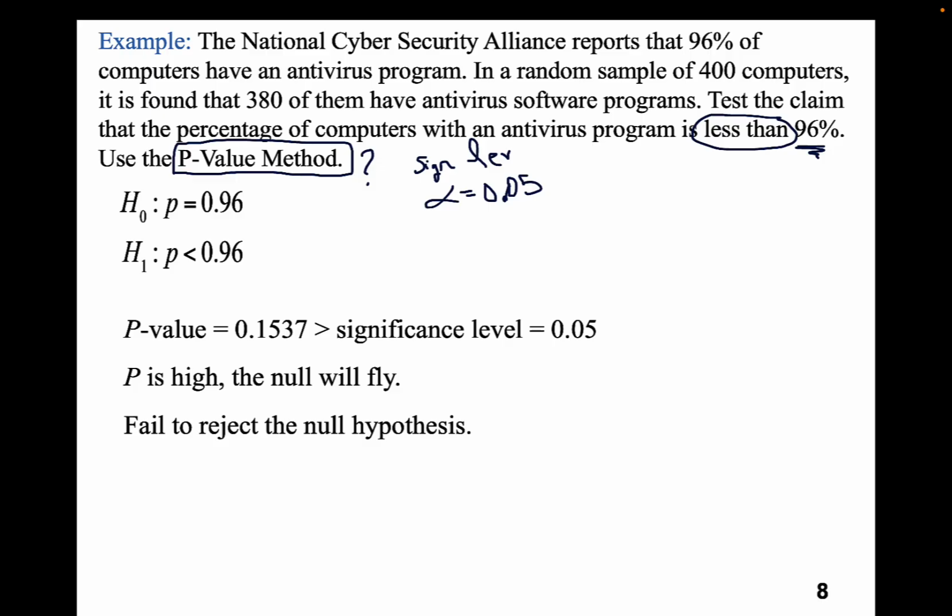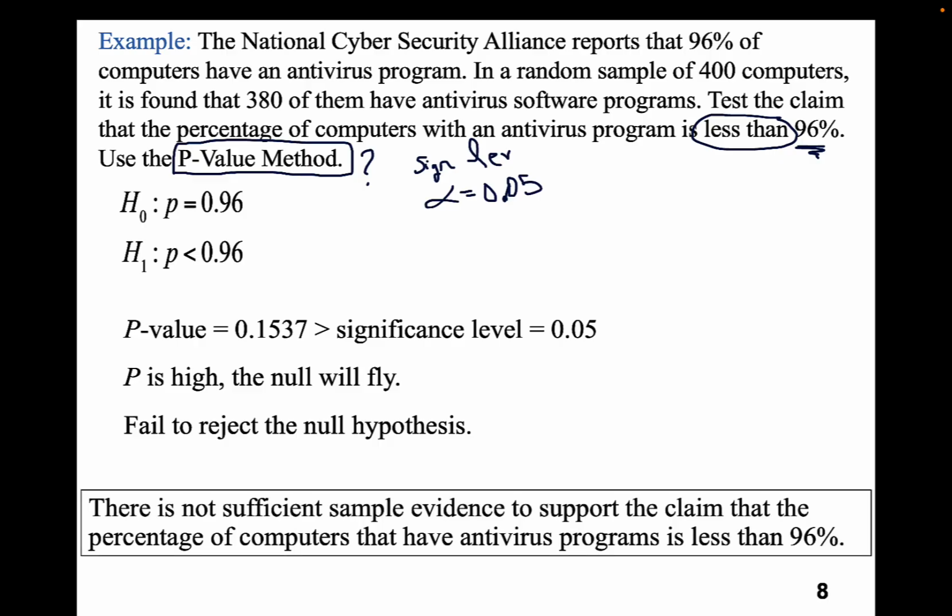Whenever the decision is fail to reject, the conclusion is there is not sufficient evidence. Fail to reject goes hand in hand with is not. If you look one example back, you'll see that the decision was reject, and we said there is. That's because those go hand in hand.